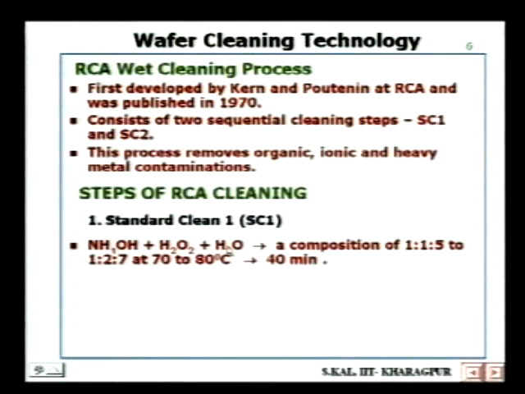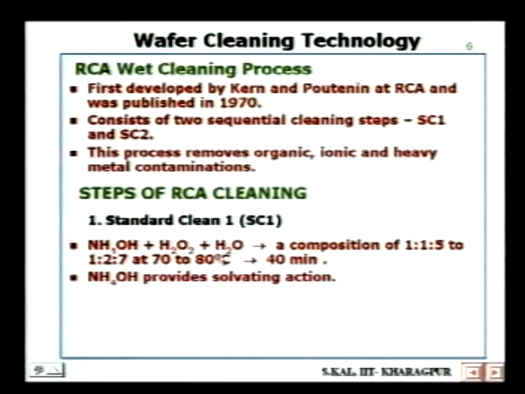Those compositions are taken in 1:1:5 to 1:2:7 ratio and heated at a temperature of 70 to 80 degrees centigrade, and the silicon wafers are kept inside the solution for 40 minutes. So that is step 1, standard clean 1 or SC1. Ammonium hydroxide is 1 part, hydrogen peroxide may be 1 to 2 parts, and water may be 5 to 7 parts. This is the composition.